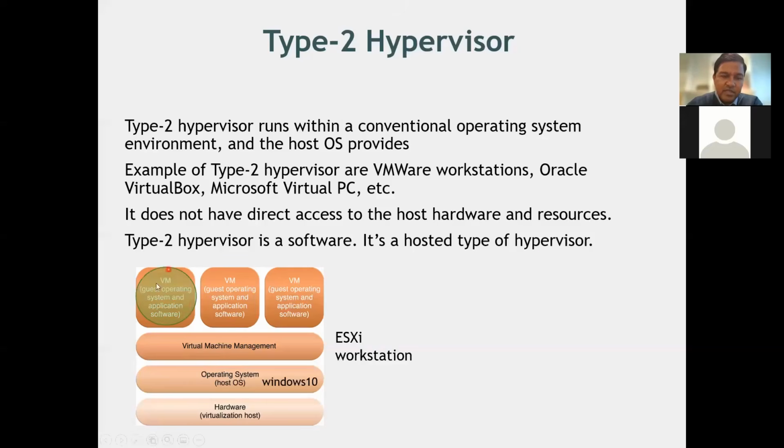You see, in this case also, this VM is completely independent from this VM and that VM. So even in the case of type 2 hypervisor, they cannot interact with each other without taking requests from here or making the services.